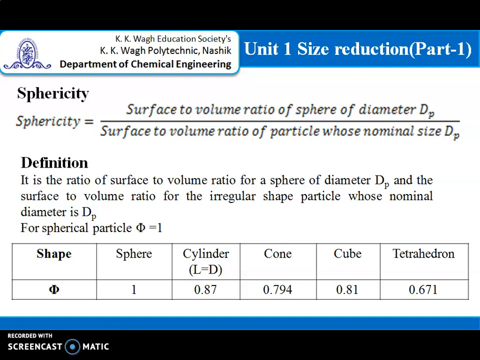In the previous slides, we have seen the different regular shapes like sphere, cylinder, cone, cube and tetrahedron. If the particle is of exactly spherical shape, then its sphericity will be 1. For a cylinder having length equal to diameter, the sphericity is 0.87, cone 0.794, cube 0.81, and the sphericity of the tetrahedron in this case is the least, that is 0.671.